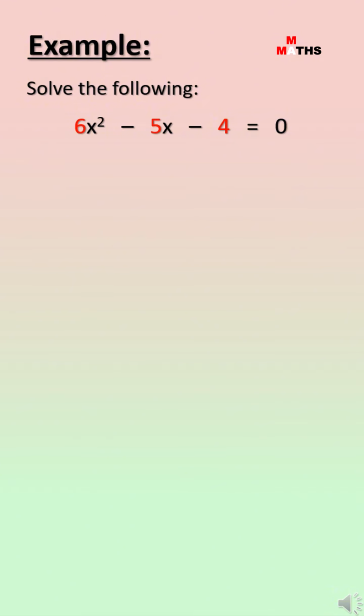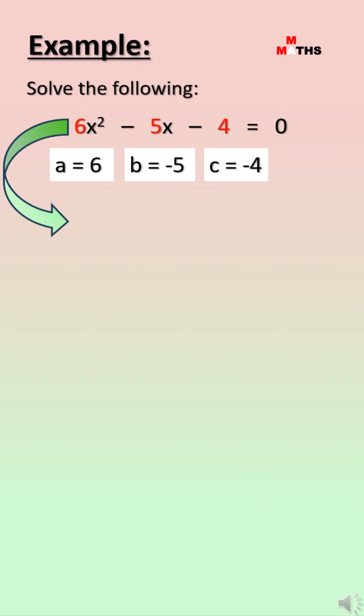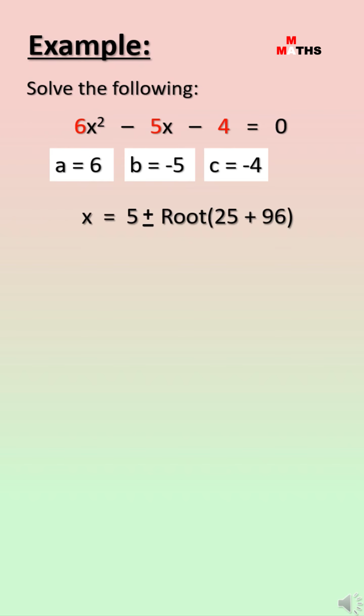If we were to solve this using the quadratic formula, we have a is 6, b is minus 5, c is minus 4. From the formula, we get x is equal to 5 plus minus the root of 25 plus 96. That's b squared minus 4ac. All of that over 2a, or 2 times 6, 12. That gives us 4 over 3, or minus 1 over 2.